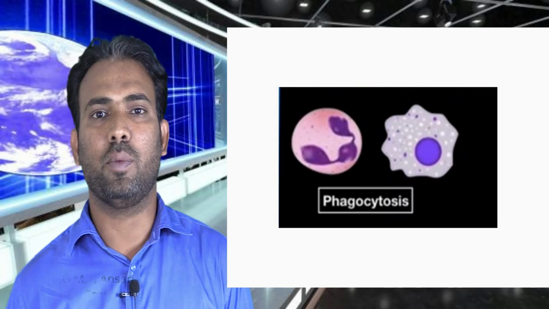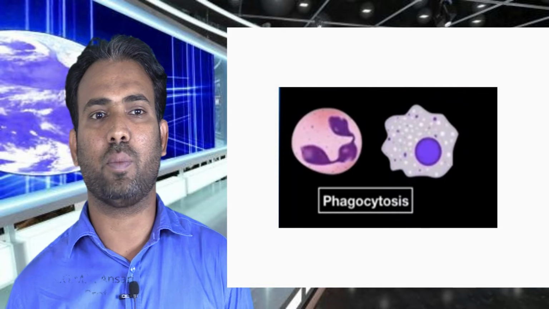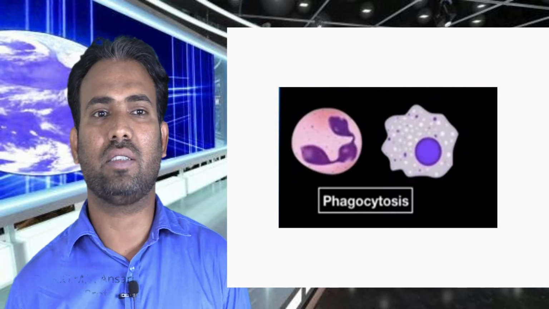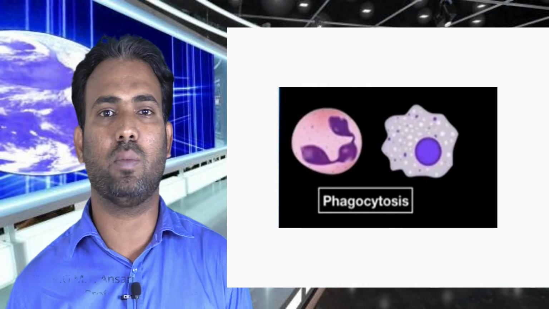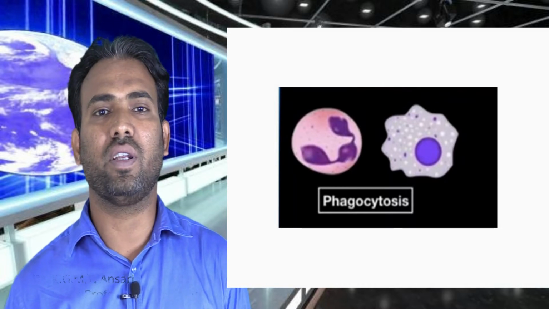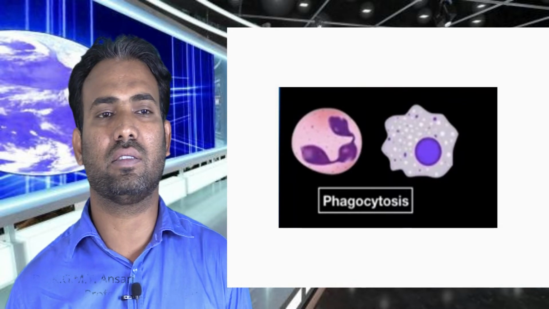We know that in our body we have the white blood cells, WBC, with different types of cells. Among these we have 5 different cells: the macrophage, monocyte, neutrophil, leukocytes and others.